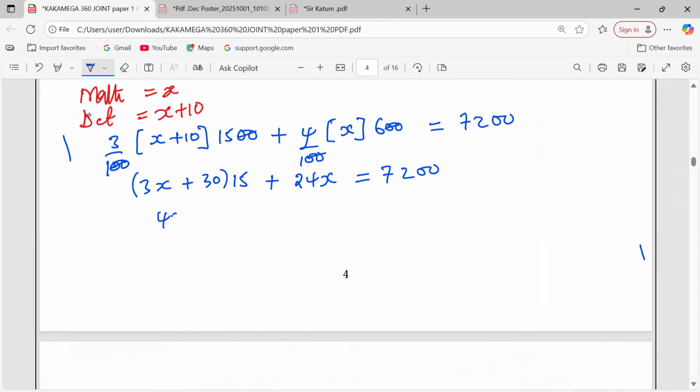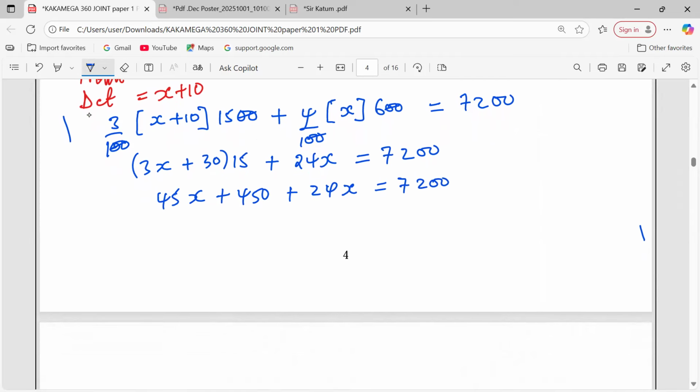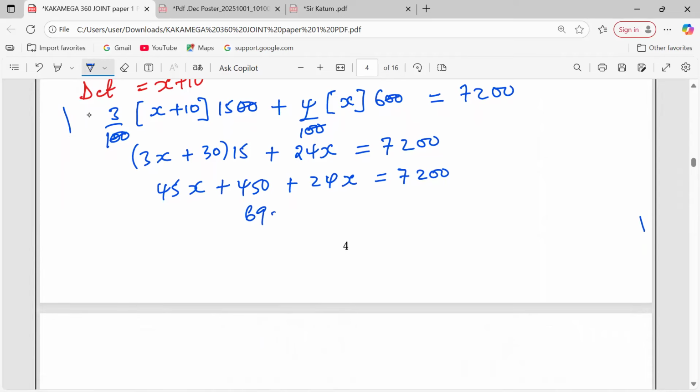This is 45x plus 30 by 15, 450. Plus 24x equals 7200, like that. So 69x equals 7200 minus 450, 6750. The value of x shall be 97.